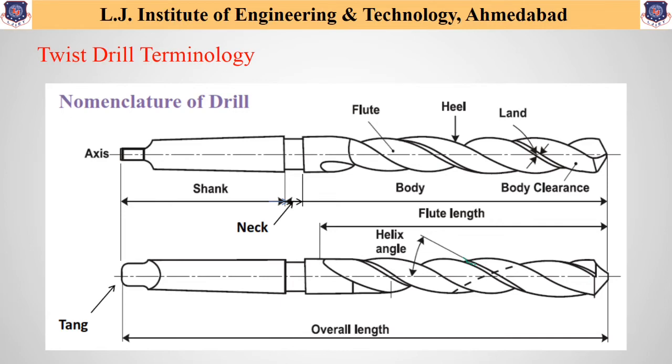As we can see, these helix are available at a certain angle, and this helix makes a certain angle with the horizontal axis, and this angle is called the helix angle. So this is the first angle which is important to understand, that is nothing but the helix angle.